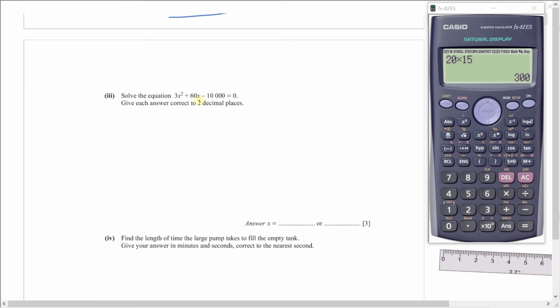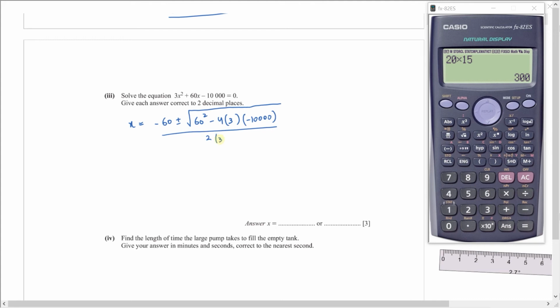The next part is solve this equation. Give your answer correct to two decimal places. So I'll use the quadratic formula. So x will be equal to minus b, which is 60 here, plus minus square root of b square, which is 60 square, minus 4 into 3, which is a, and then c is minus 10,000, divided by 2a.